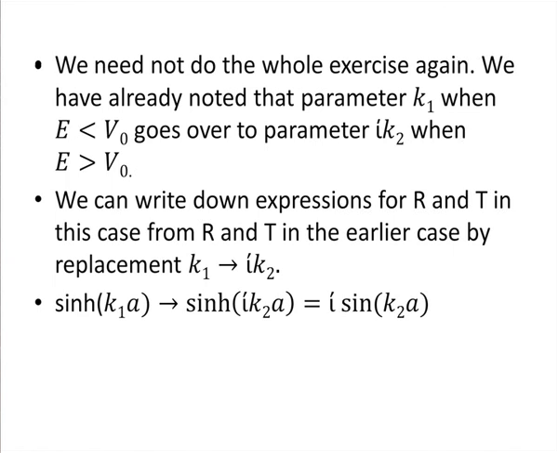So, what we can do is write down the expressions for R and T in this case from those of R and T in the earlier case by the replacement k1 goes over to iota times k2. So, sine hyperbolic k1a goes over to sine hyperbolic iota k2a, and it is iota times sine k2a.